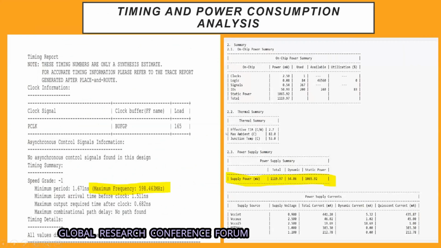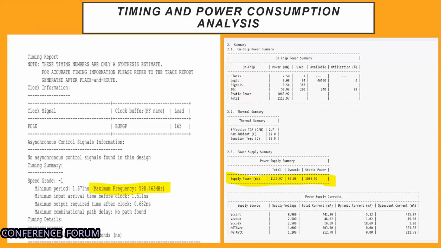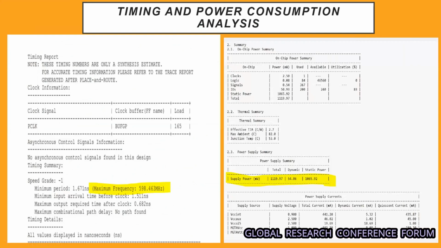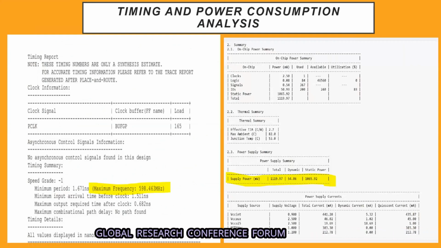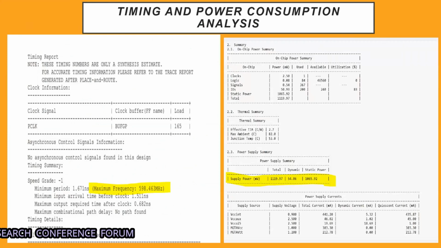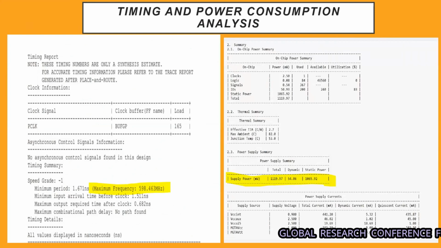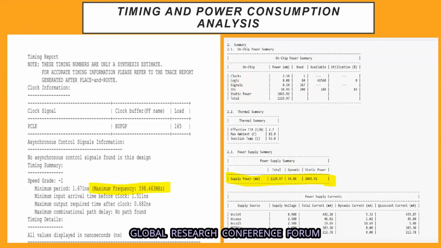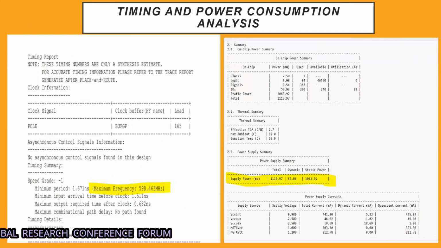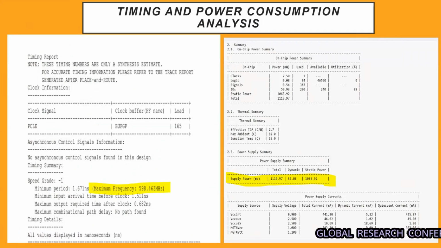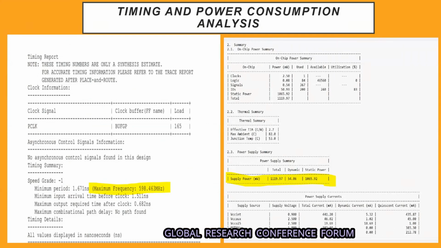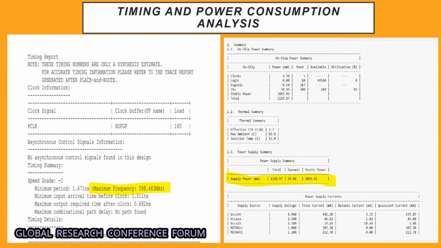As you can see, the maximum achievable frequency that we are able to achieve is 598.463 megahertz. APB is a low bandwidth interface, so it can support anywhere from 5 megahertz to 110 megahertz. But in our case, our design is able to support a frequency of 598.463 megahertz.